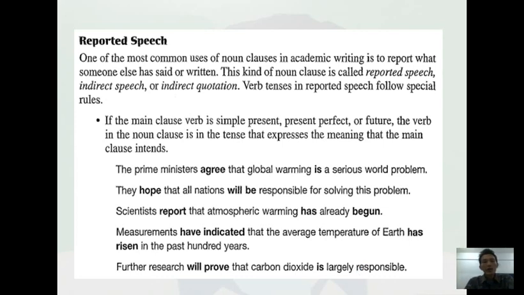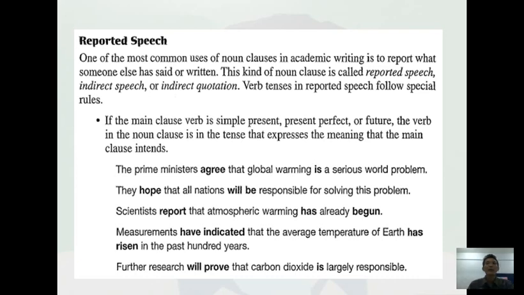Next, in the second hour of discussion, we discuss reported speech. One of the most common uses of a noun clause in academic writing is to report what someone else has said or written. This kind of noun clause is called reported speech, indirect speech, or direct quotation, indirect quotation. Verb tenses in reported speech follow special rules.